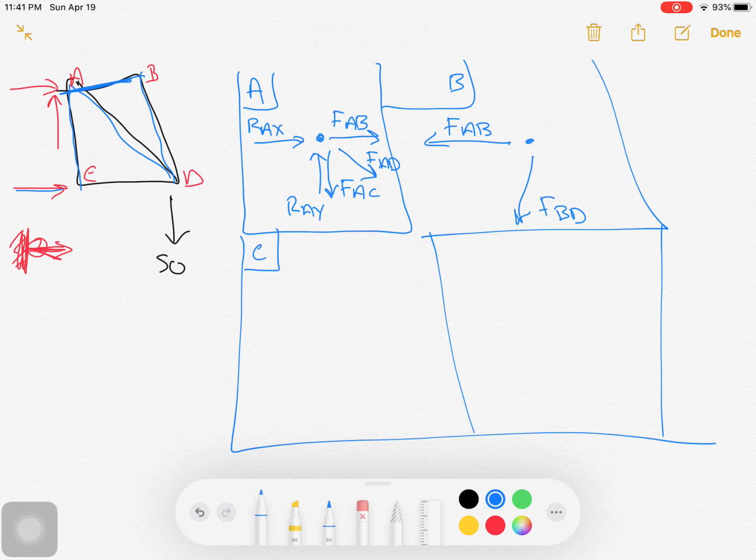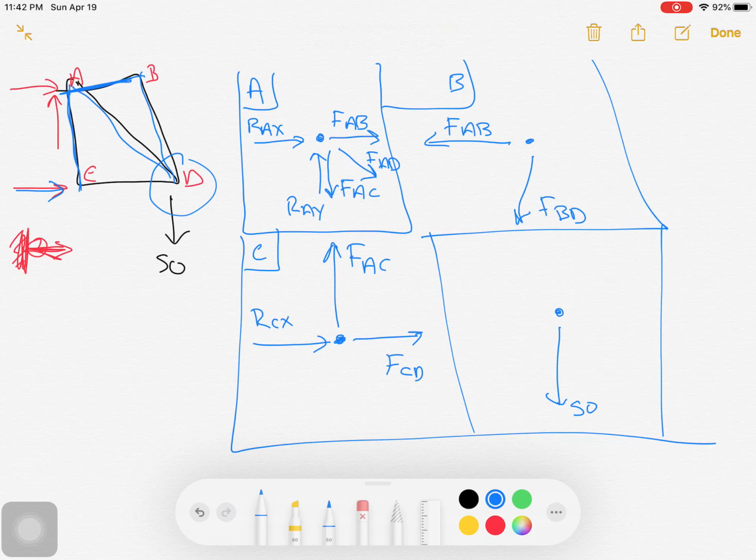On C, we have a reaction force at C in the x direction. We have force CD. Notice I'm always drawing the arrows pulling away from the point, pulling away from the joint, showing its intention. Force AC here.